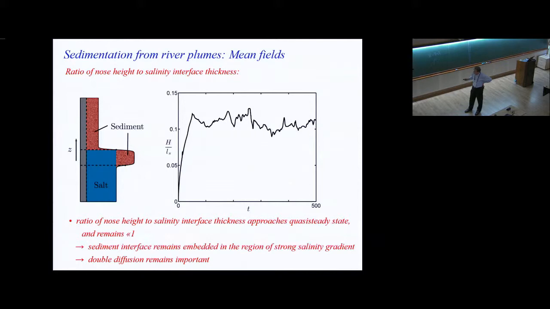What I should have drawn is a very smooth salinity profile, a salinity profile that has a much larger thickness than the thickness of the nose region here. So the nose region effectively stays embedded in this effectively diffusing salinity interfacial region, and that's the reason why double diffusion can remain important, right? Because both of these gradients are in the same location. So that's why this process is dominated by double diffusion.